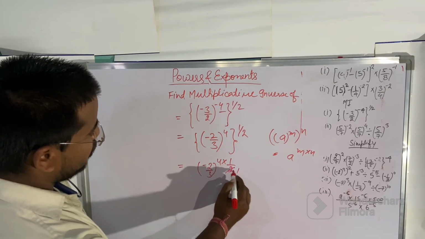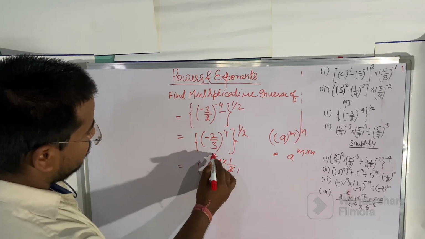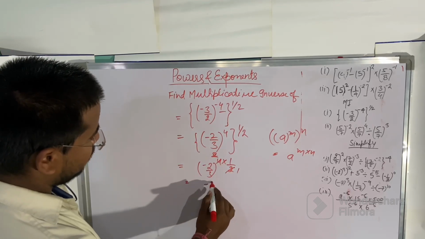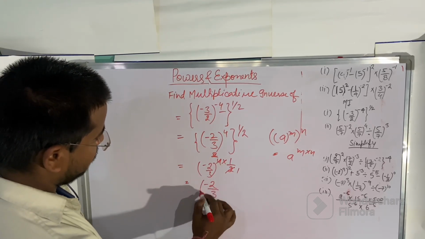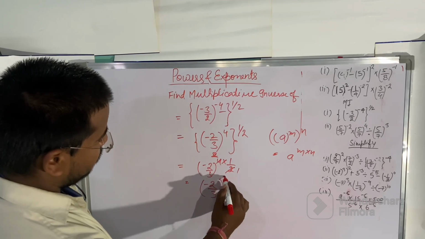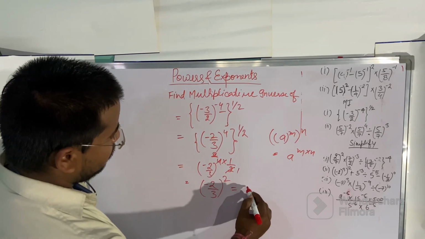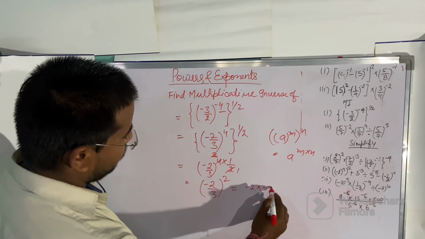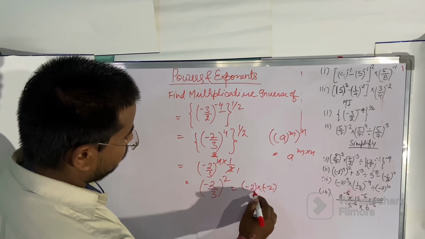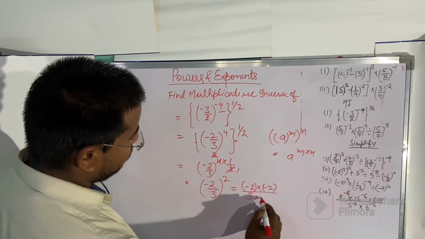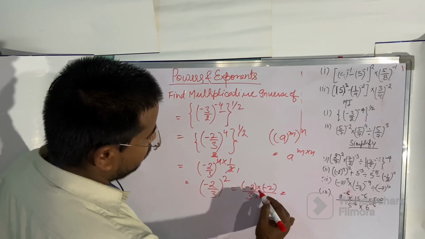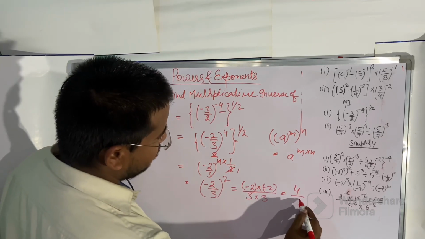Now 2 1s are 2, 2 2s are 4, it is 2. So -2 by 3 to the power 2. That means -2 multiply -2, and 3 multiply by 3. That means 4 by 9.